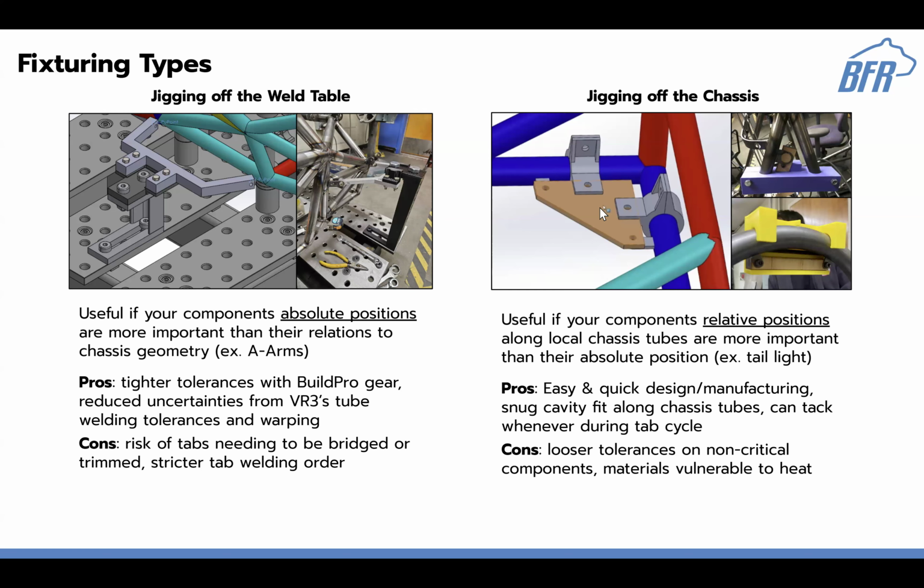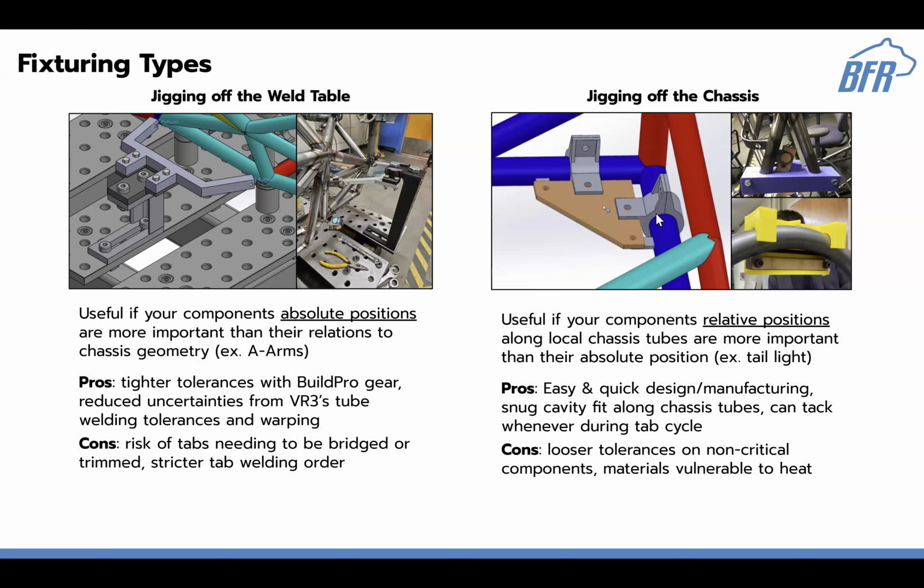Jigging off the chassis is really useful if you have certain components that are more worried about relative fitment to the chassis. A good example of this is both our DI, our driver interface tabs, as well as our aero package. For the nose cone specifically, it's pretty important how the nose cone fits around the front of the chassis, right? In certain areas, it hugs it pretty tightly.